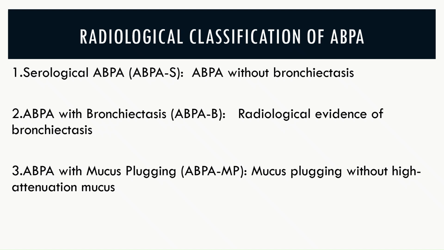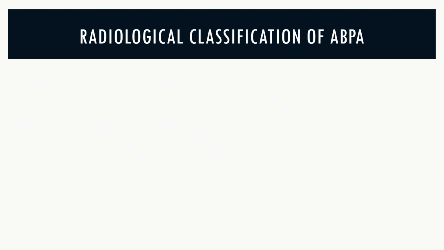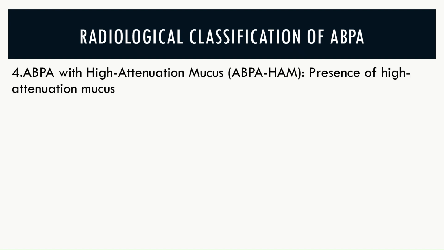ABPA with mucus plugging refers to patients who have mucus plugging without high attenuation mucus. Patients who have both bronchiectasis and mucus plugging are also classified under ABPA MP. ABPA with high attenuation mucus is characterized by presence of dense mucus within airways, which is a distinctive radiological feature.